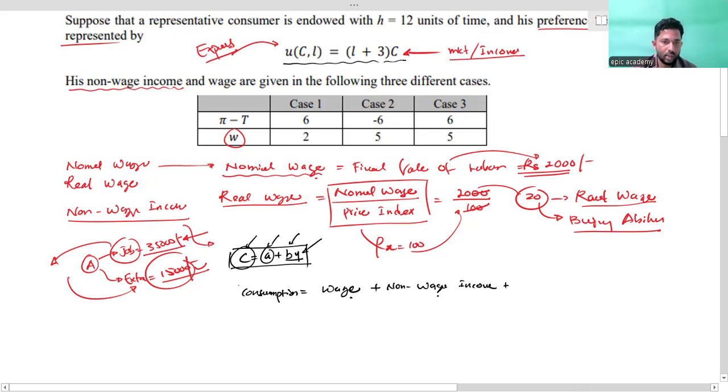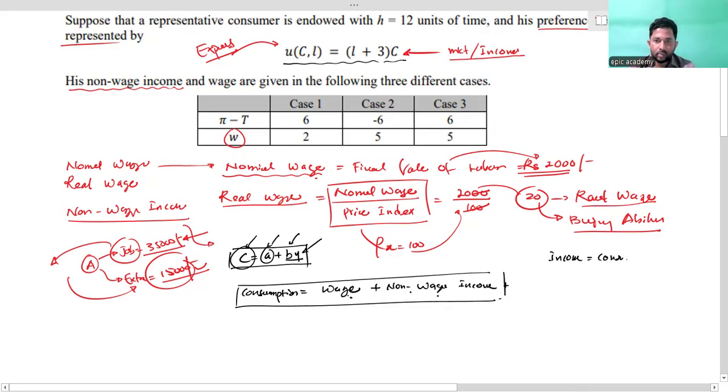In this case, we don't have any extra income, so we consider that consumption must always equal wage and non-wage income. Why do we think like that? At a practical level, income is not always equal to consumption, and yes, we agree with that. But in microeconomics, before identifying consumption and the IC curve, and with all utility functions, we always consider income equal to consumption.